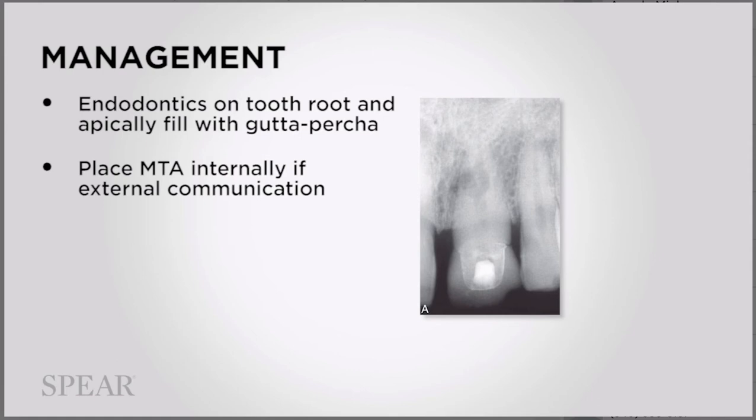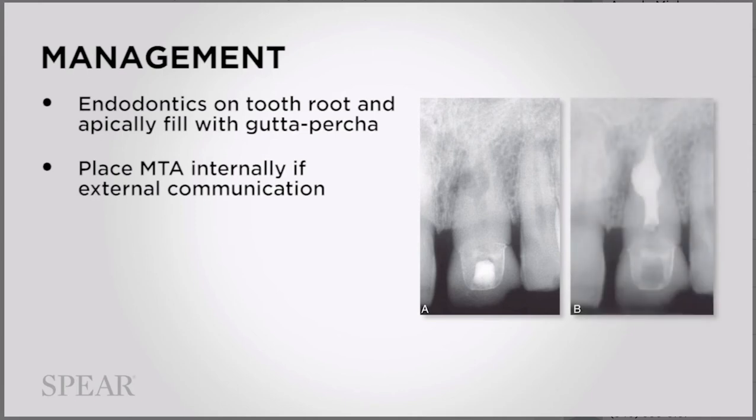So apically, we can fill that with conventional gutta percha, but inside that resorption defect, we would want to fill that with something that would be biocompatible to the surrounding bone and allow any bone to heal in that area where there may be a perforation from the inside of that resorption to the surrounding bone. So in this particular case, we manage that by filling up the inside of that resorption defect using MTA, mineral trioxide aggregate.